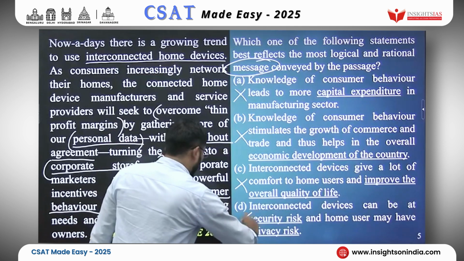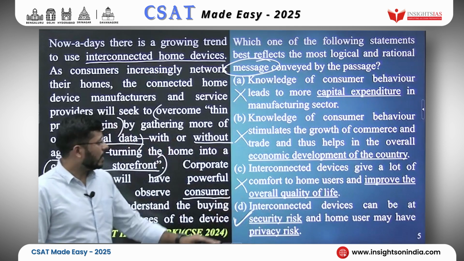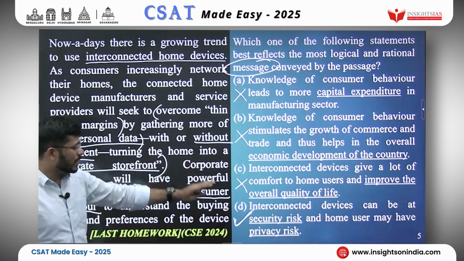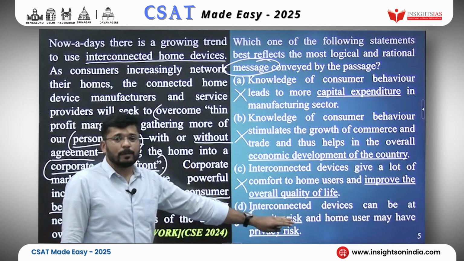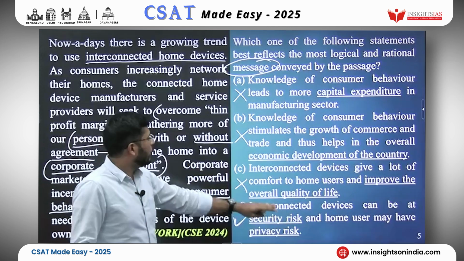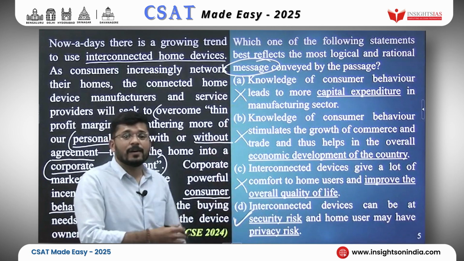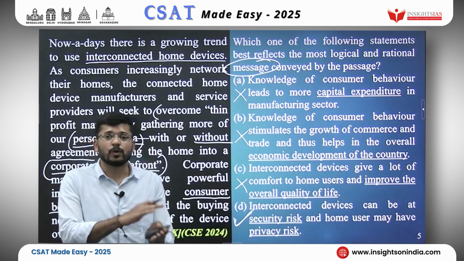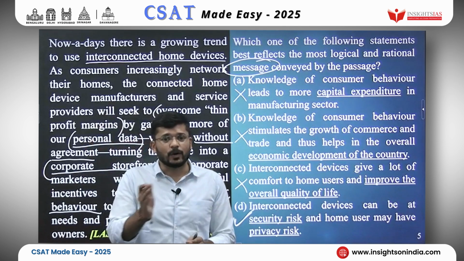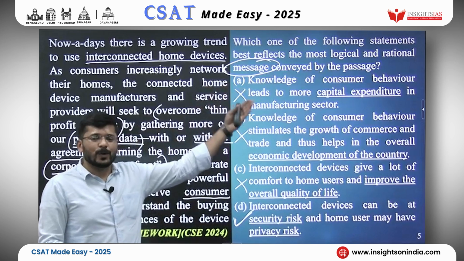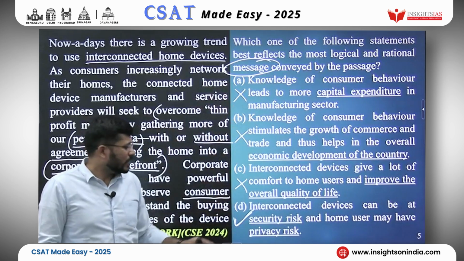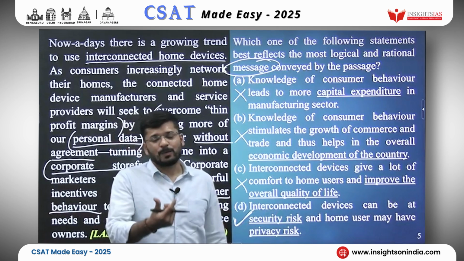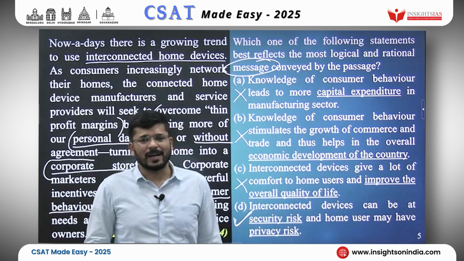So option D will be our answer after eliminating options A, B and C. This might be less appropriate to you. However, A, B and C are still far less appropriate than this one. That is why I told you, do not think in terms of right and wrong, think in terms of more appropriate option and less appropriate option and choose the most appropriate one, and that would be your answer.